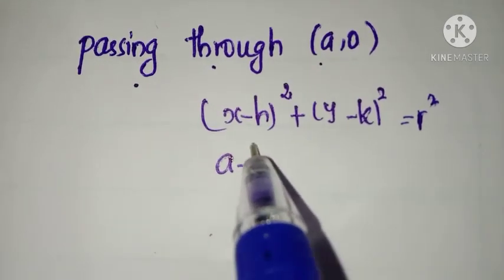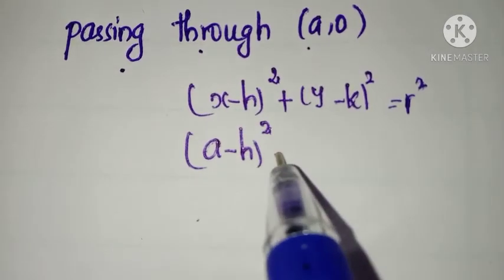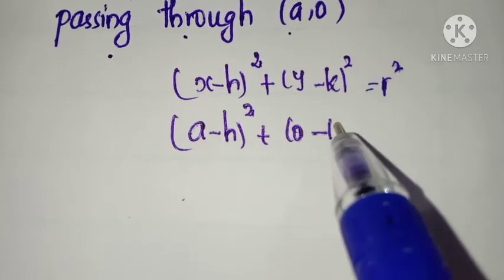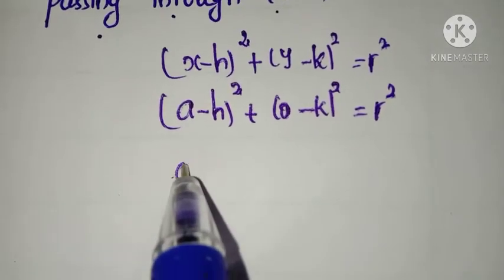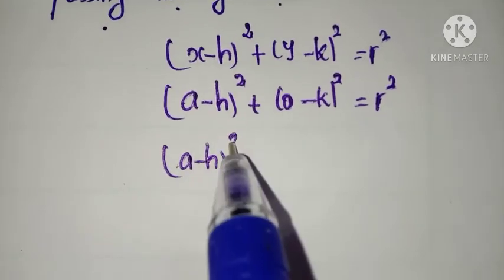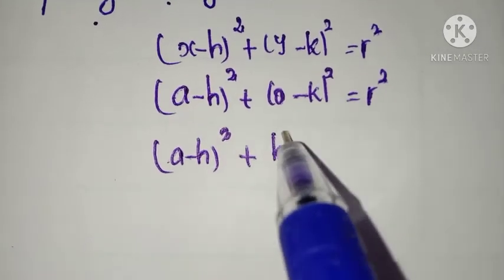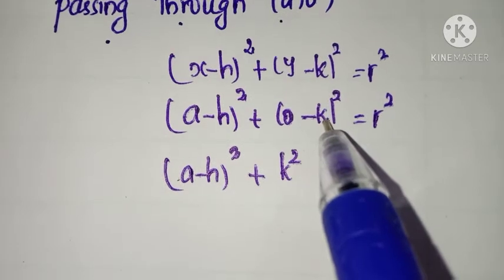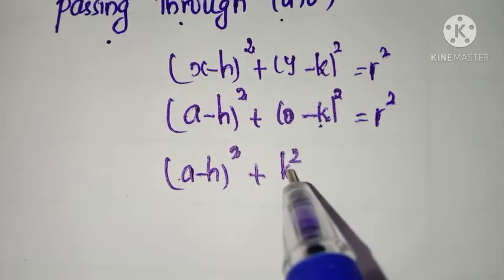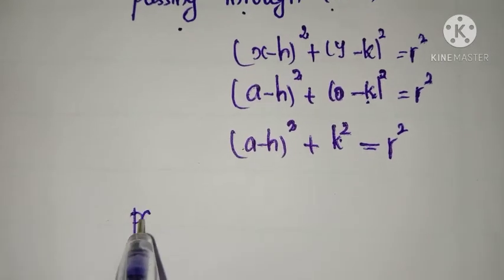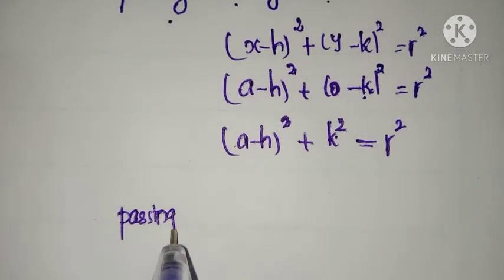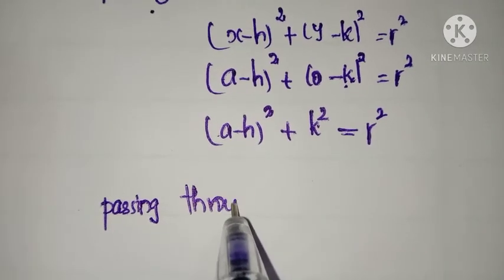So this becomes (a minus h) the whole square plus (0 minus k) the whole square equal to r square, or (a minus h) the whole square plus k square equal to r square.